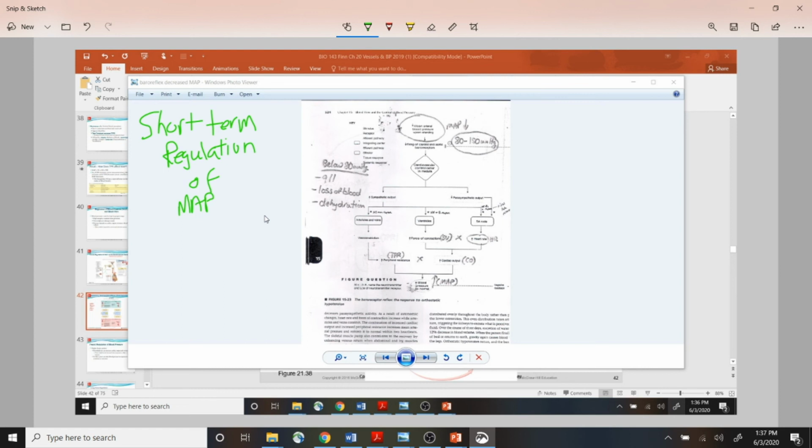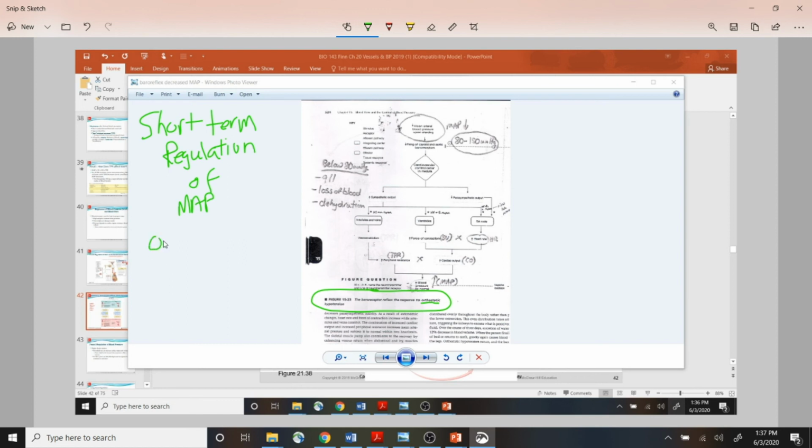You look at the figure's name. It says the baroreceptor reflex, the response to orthostatic hypotension. What does that mean? Well, orthostatic means upon standing.